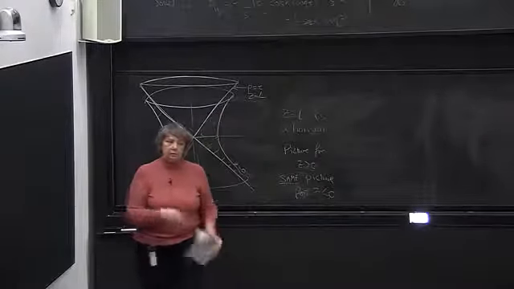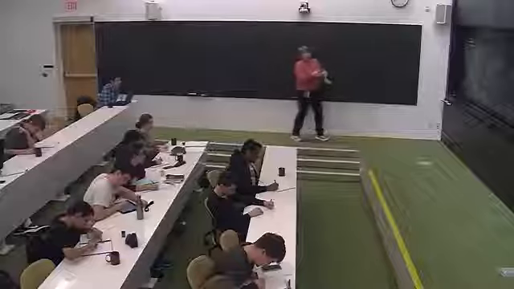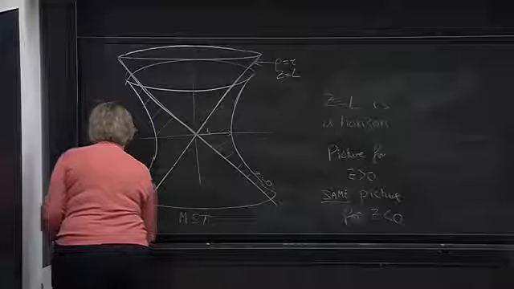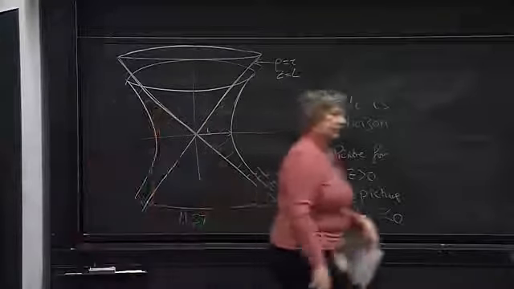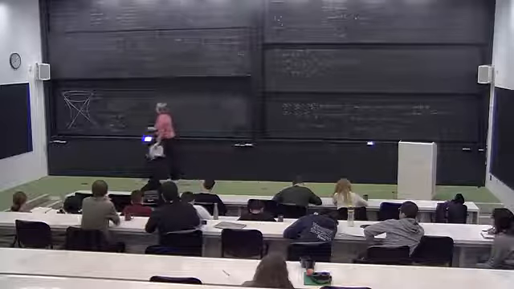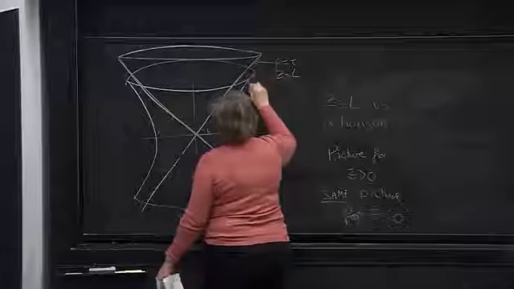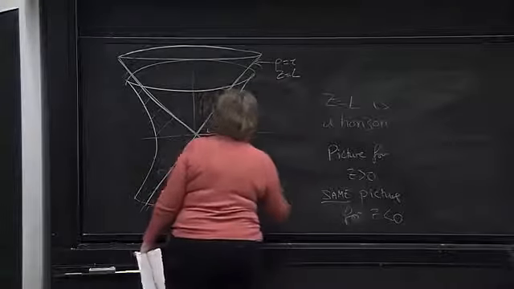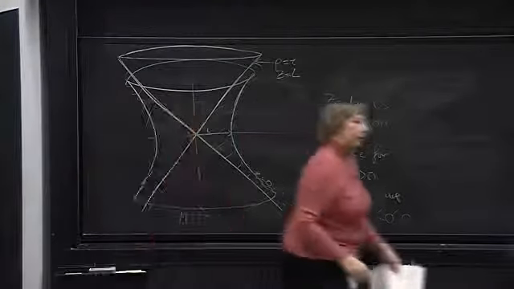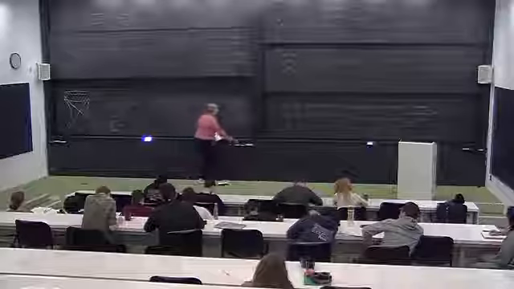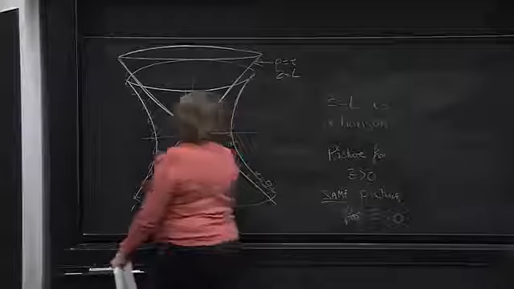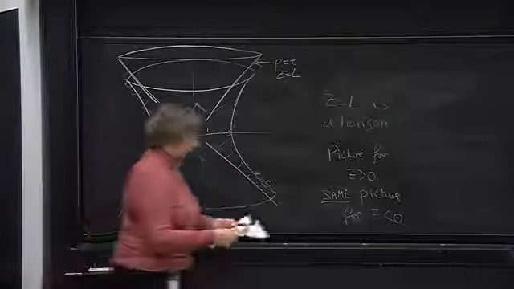Now, the wall is not infinitesimally thin, so near z equals 0, you've got a little bit of fuzziness. So I represent fuzziness as being the thickness of the wall. So my full geometry actually interpolates from the interior of one hyperboloid to the interior of the other.